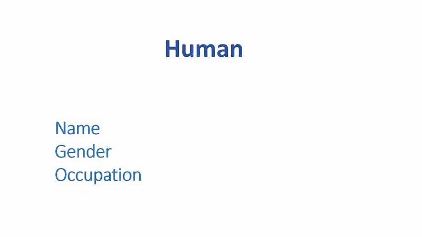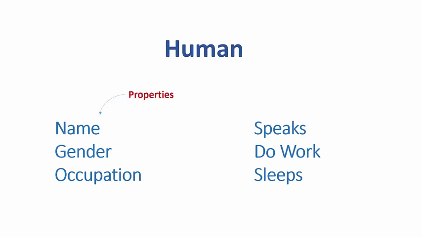When you talk about human beings, every human being has a common set of properties such as name, gender, occupation, etc. Also, every human will be doing some kind of common activities such as speaking, doing work, or sleeping. So the first set of things that we covered are called properties in the object-oriented programming world, and the activities that a human performs are called methods.